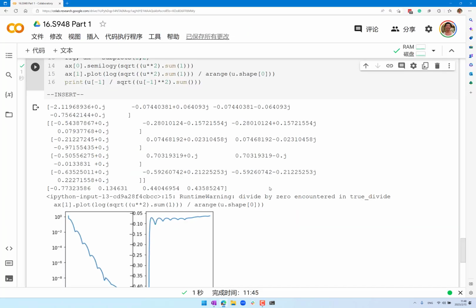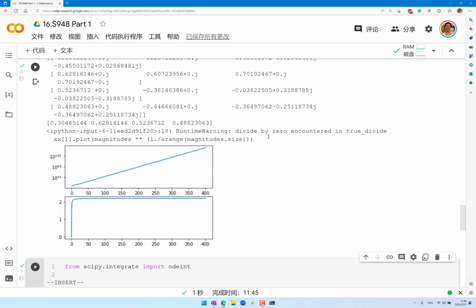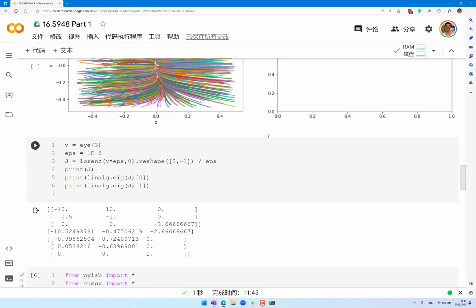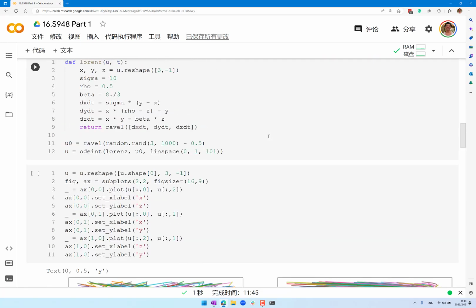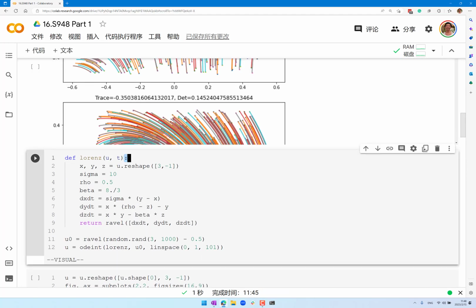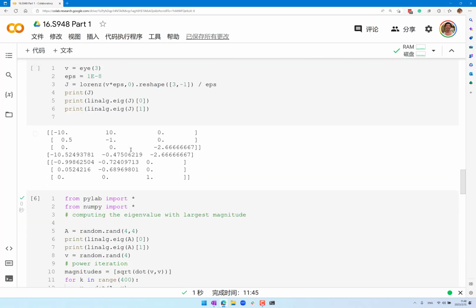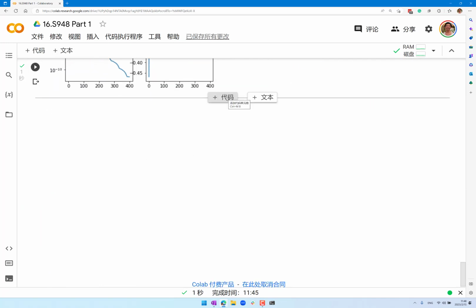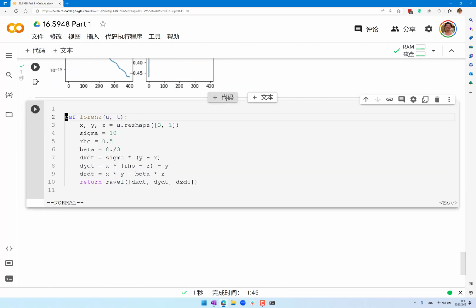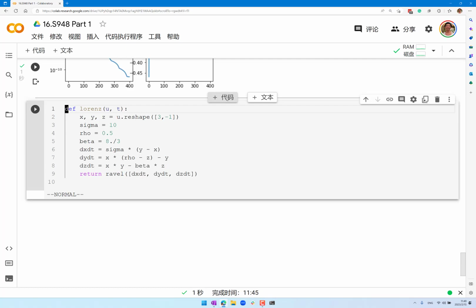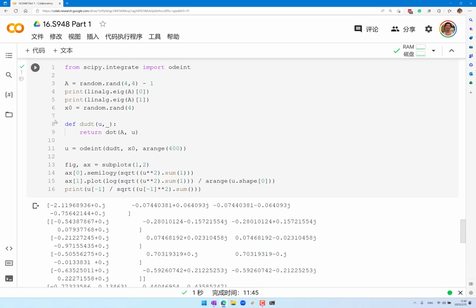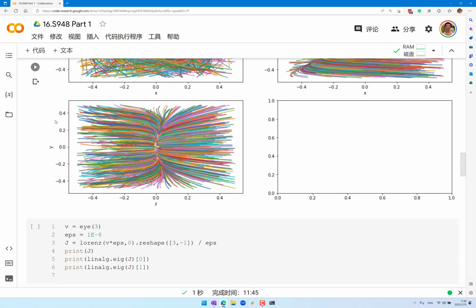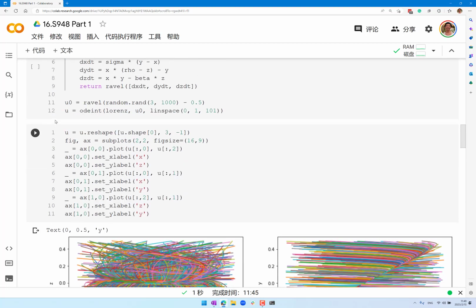Okay, so let's go to nonlinear systems, and again we'll use the most simple case. That's the Lorenz equation. So we'll just copy the Lorenz over here and duplicate it at the end of the notebook. Previously, we did compute the stability properties of the Lorenz system around the origin, right?